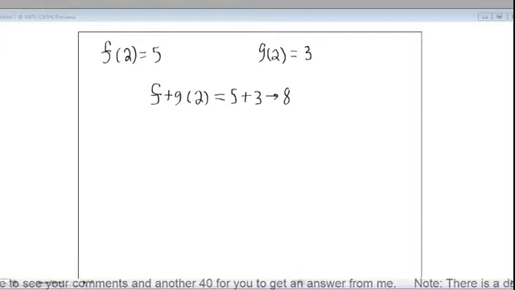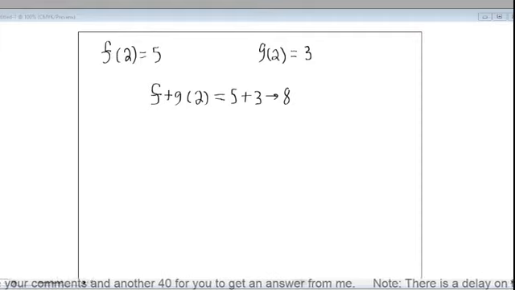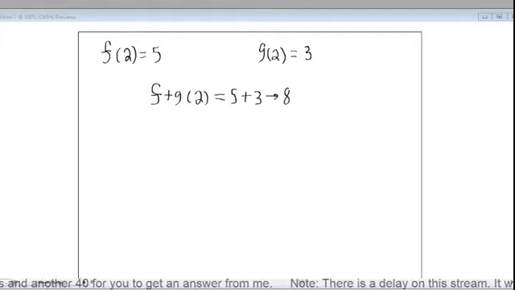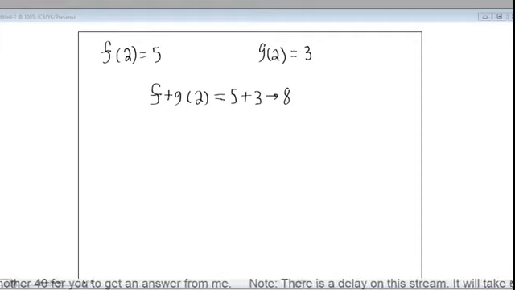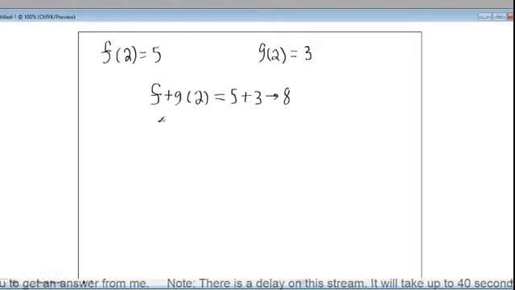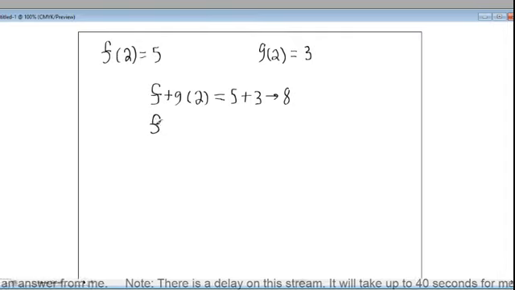Okay. Well, we can do a whole lot more than add. We have a lot of other operations out there that we can do. For instance, if we can add, we can definitely subtract. So f minus g is the same idea.